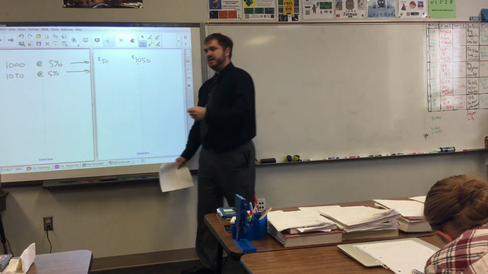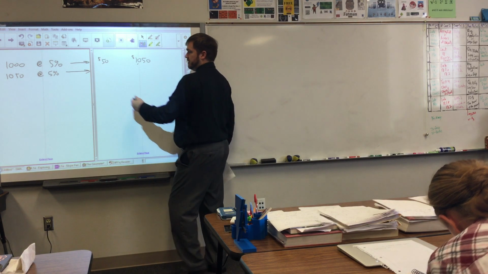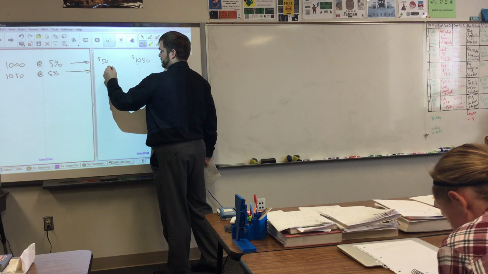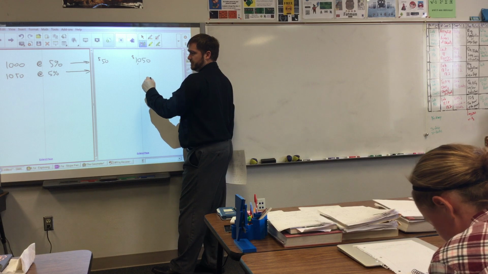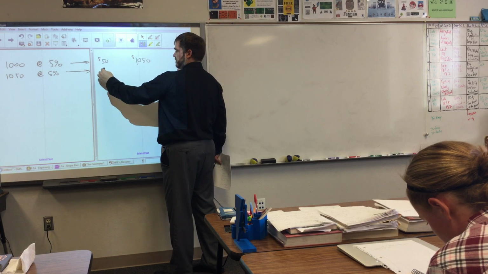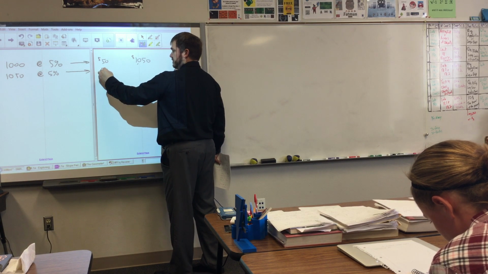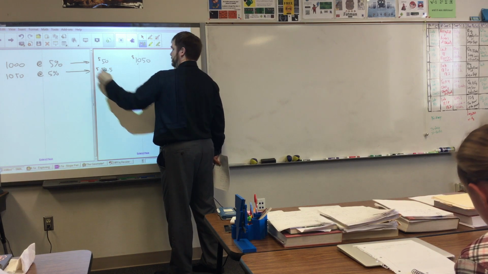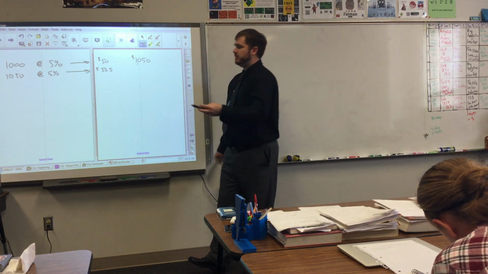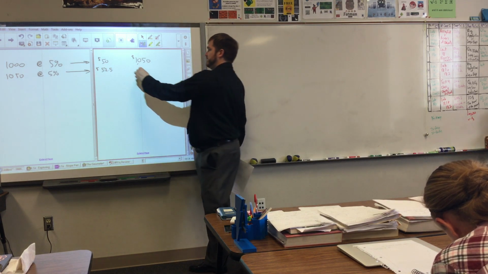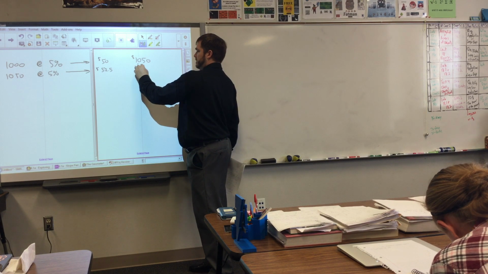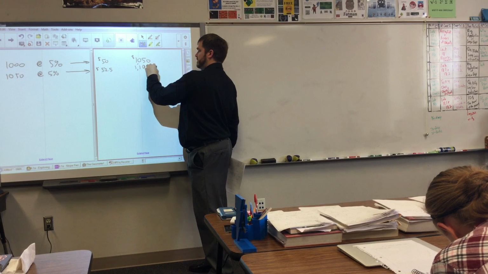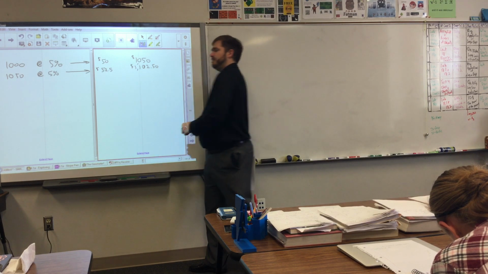So what's 5% of 1050? It should be 52.5. So 52.5 plus 1050 is $1,102.50.